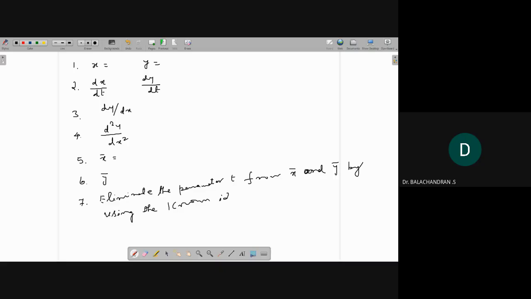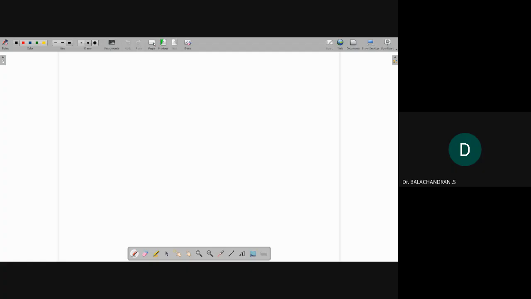So you should eliminate the parameter t. So this is the procedure. If you know this procedure, you can solve any problem in evolute.